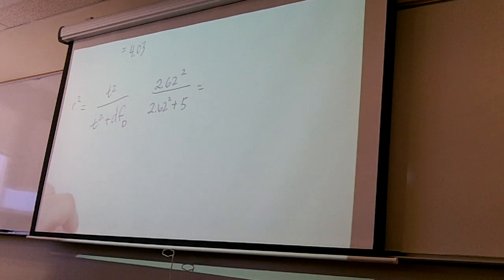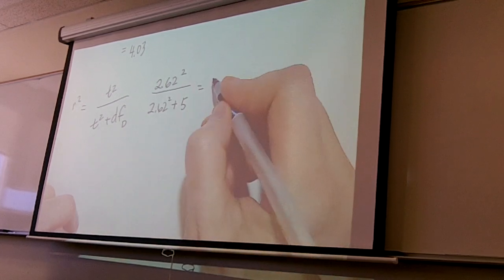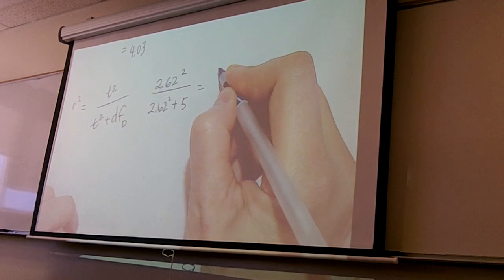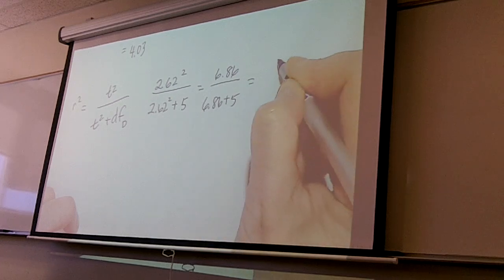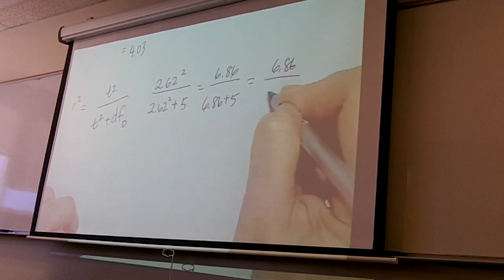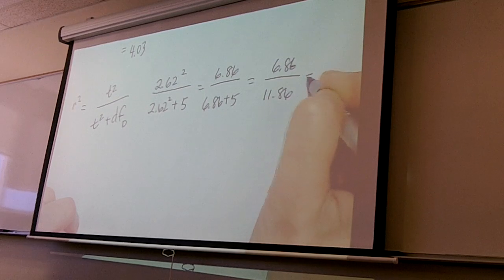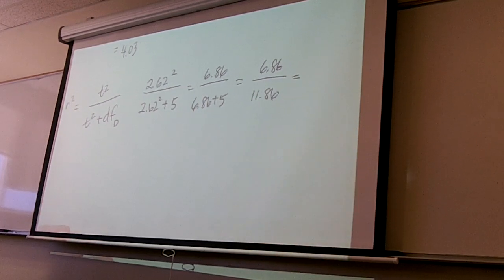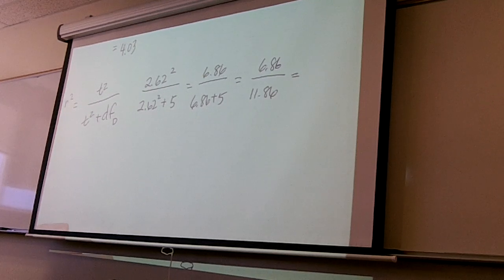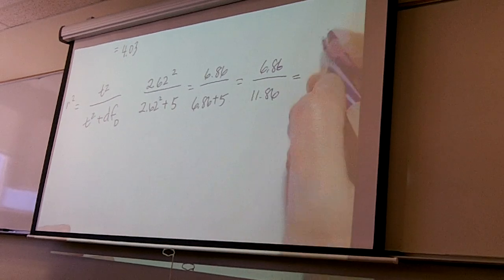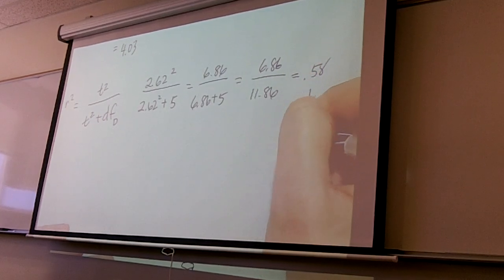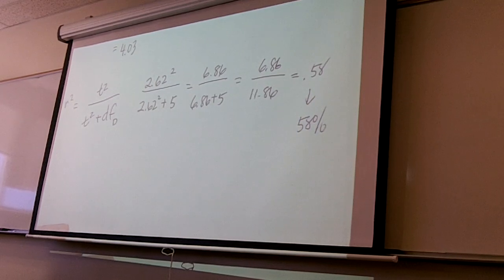So what's 2.62 squared? 6.86. Okay, and what's 6.86 divided by 11.86? 0.58, or 58%.